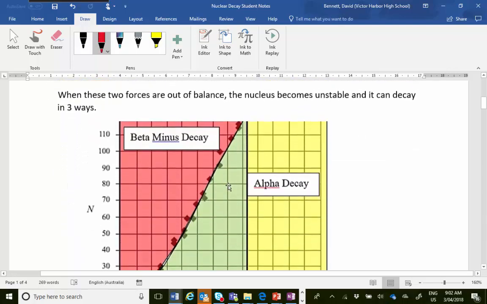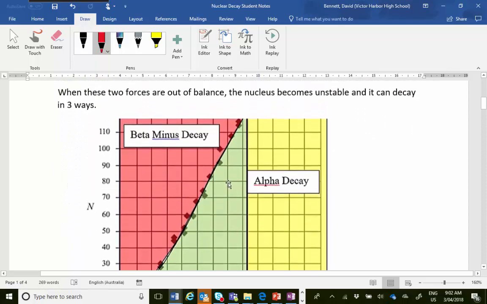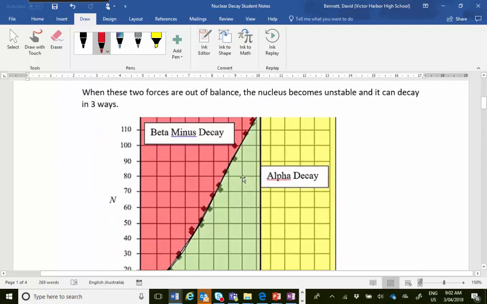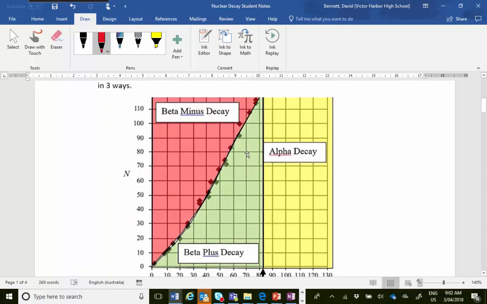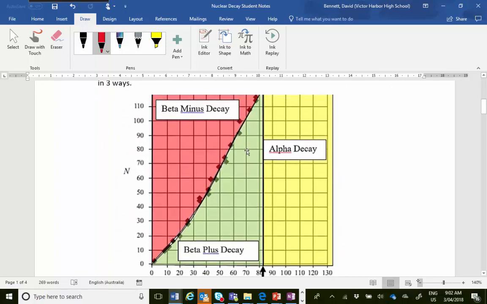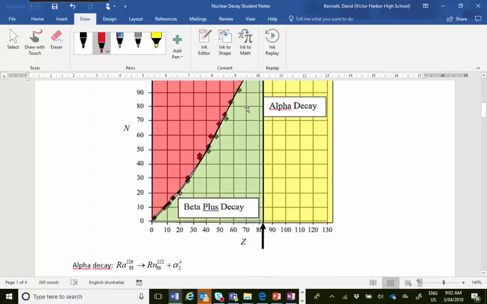The different types of decay that we're going to have are the following. Beta minus decay, which is an electron being produced. Beta plus decay, which is a positron being produced. And when we're over a magical number, and the magical number is in fact 83, elements which have an atomic number of 83 or more become quite unstable.